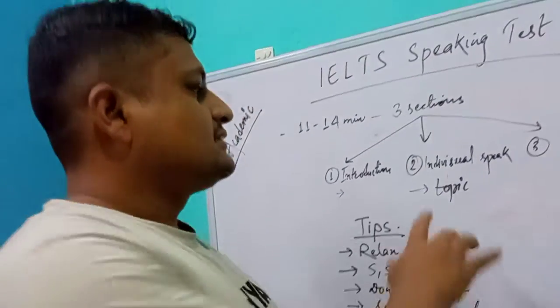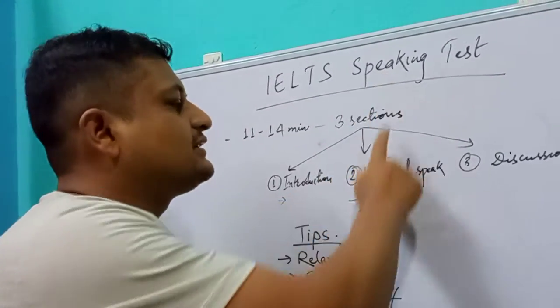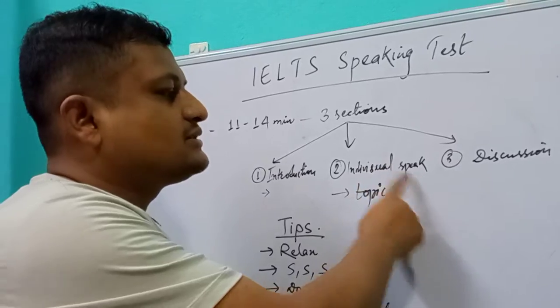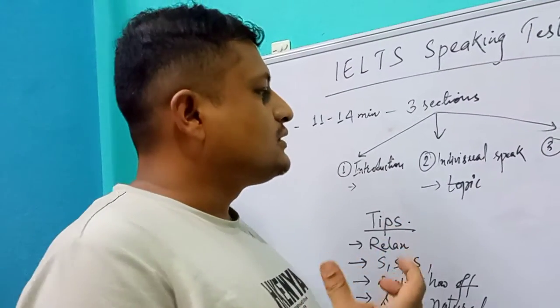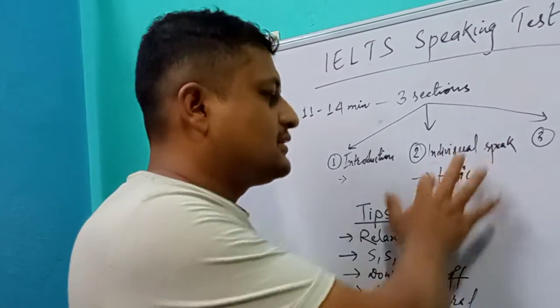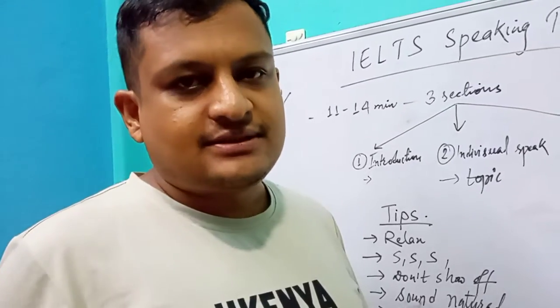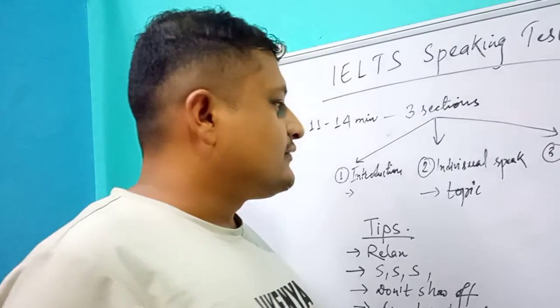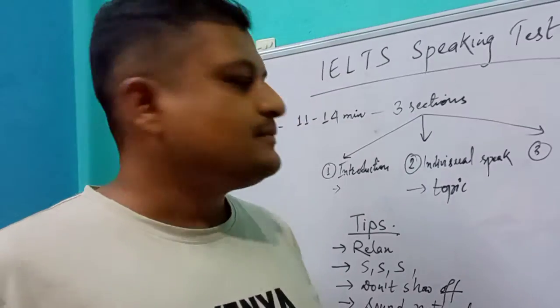The second part of the speaking test is about individual speaking. In individual speaking, the interviewer won't be interrupting you. You'll be provided with a certain topic to prepare on and to speak up for a few minutes. And then you have to prepare. You'll get a little bit of time. You don't have to worry.